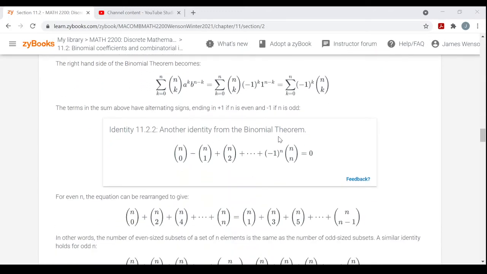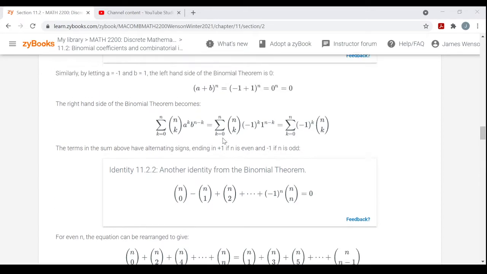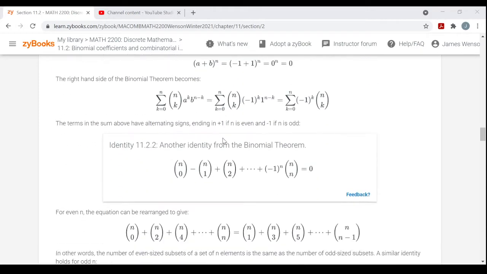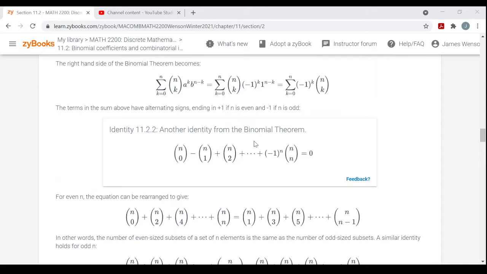Here's another identity from the binomial theorem. So this is saying if you alternate the sum, if you take positive n choose 0 and then minus n choose 1 plus n choose 2 minus n choose 3 plus n choose 4 minus n choose 5, etc., all the way up to whatever you're either adding or subtracting, n choose n, that's going to be 0.